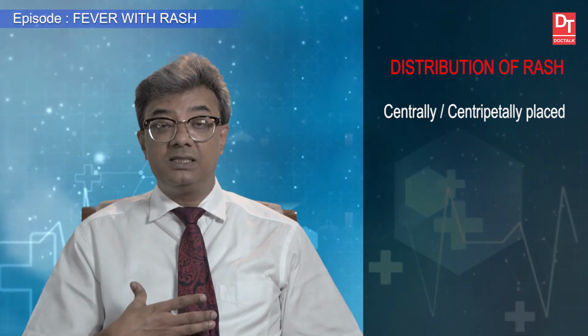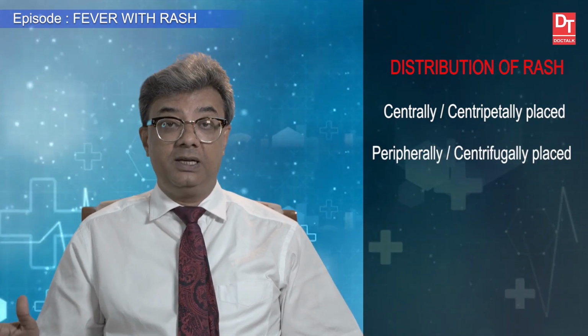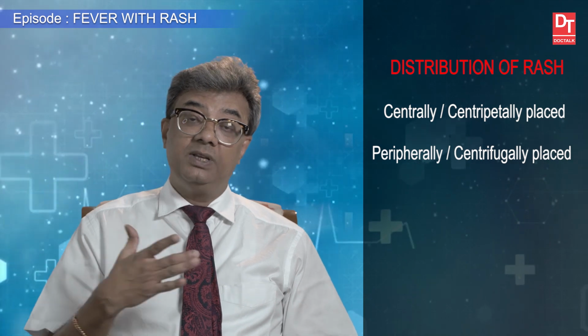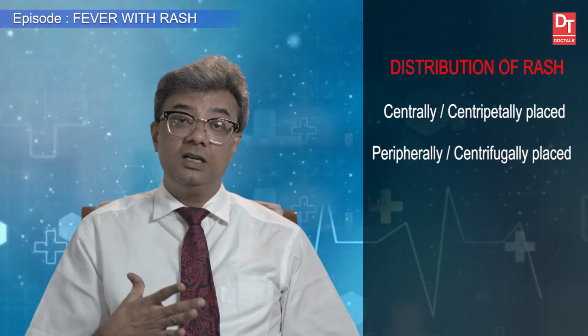So, the arrangement of the lesion, where it is, and the distribution of the lesion, whether it is centrally placed or peripherally placed, that means whether it is centripetally or centrifugally placed.